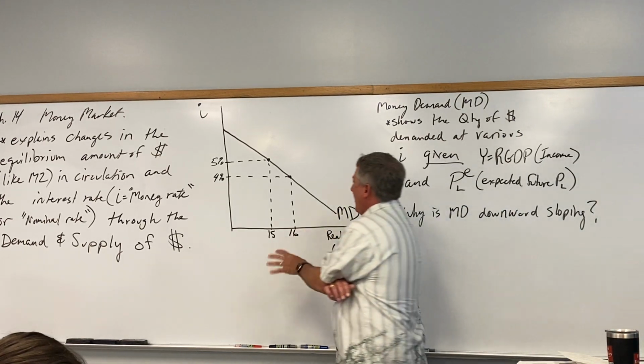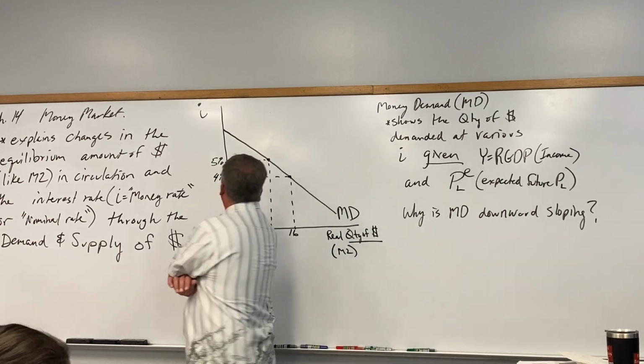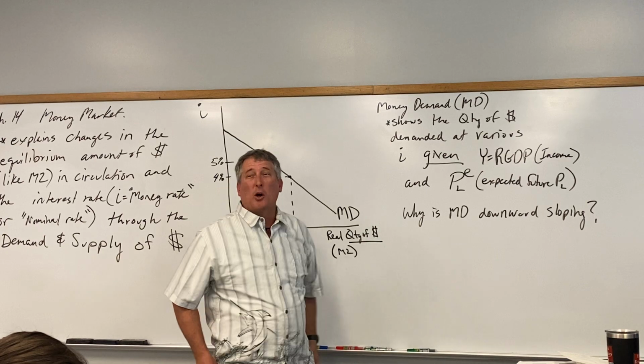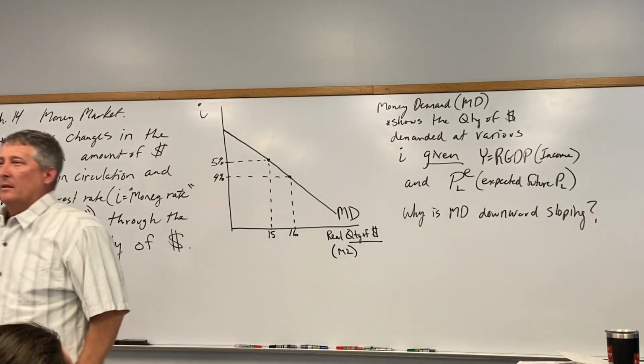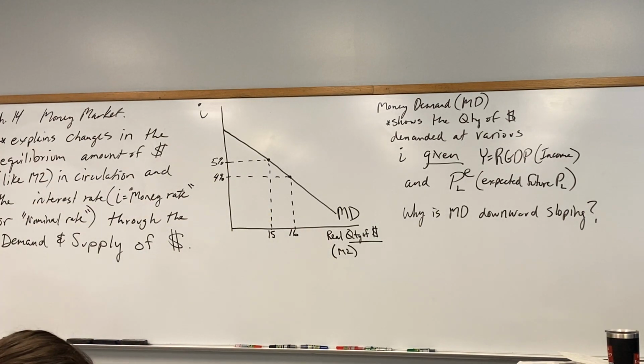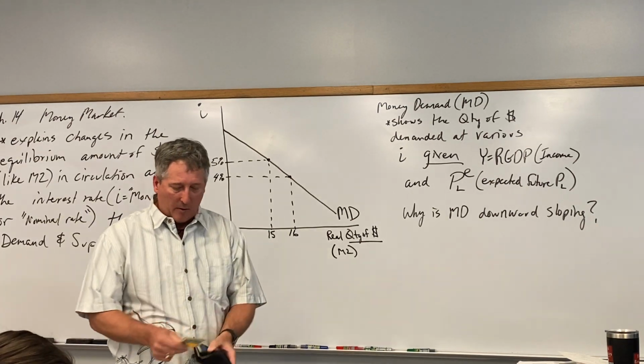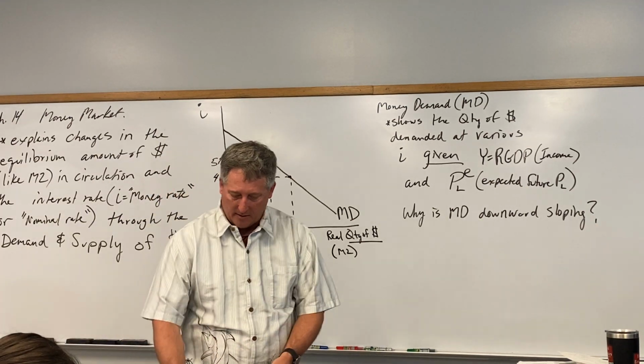So why are they holding their wealth more in the form of money when interest rates are lower? When I was in your guys' seats, trying to memorize some of this stuff, I always thought, well, how much money am I holding in my wallet, right?